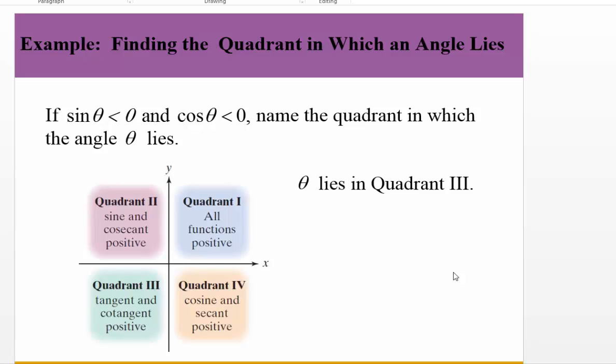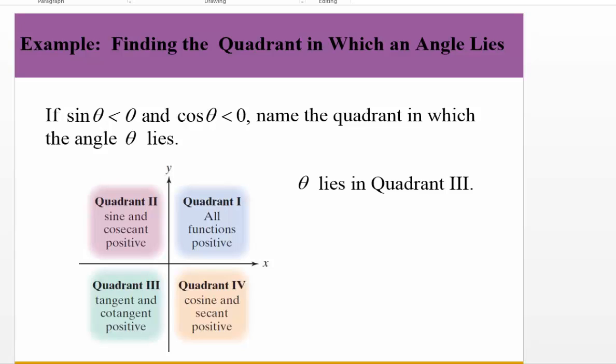Next up to bat, we are going to play the quadrant game, and a lot of instructors love to give these on tests so you know where you're at. Now it says here, if the sine of theta is less than 0 and the cosine of theta is less than 0, name the quadrant in which that angle lies.